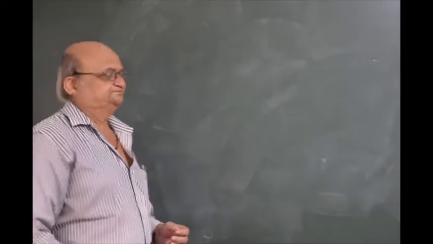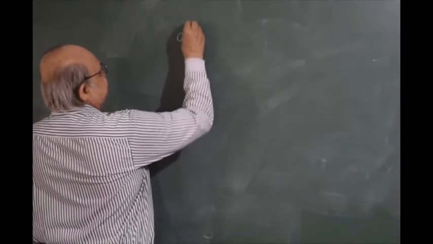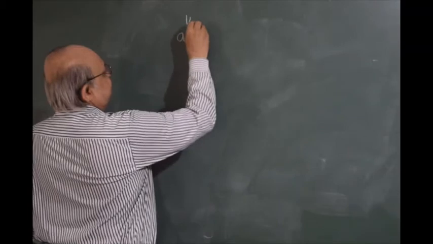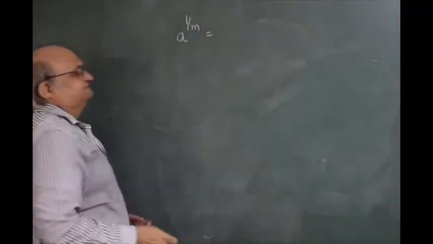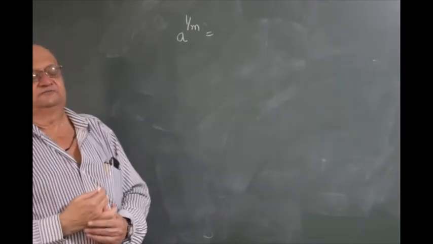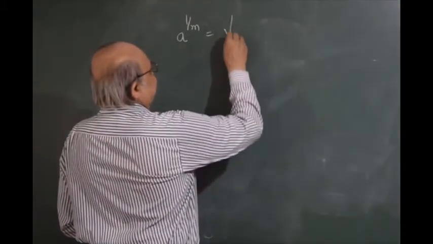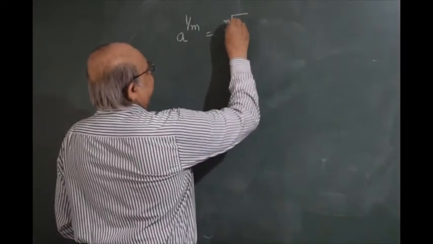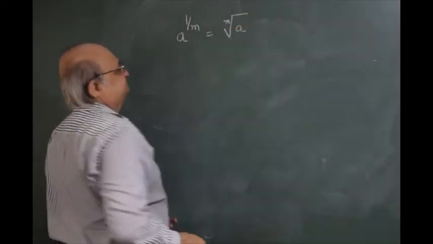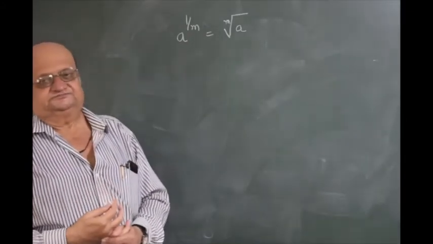Now we again recall what is a raised to 1 upon n equal to. A raised to 1 upon n, if you recollect, is equal to the nth root of a. You have learned this in your lower standards.